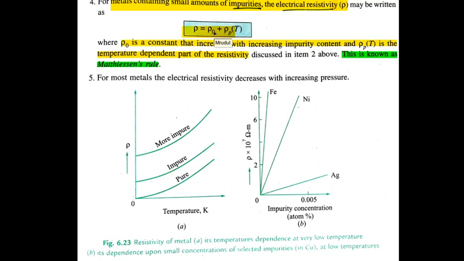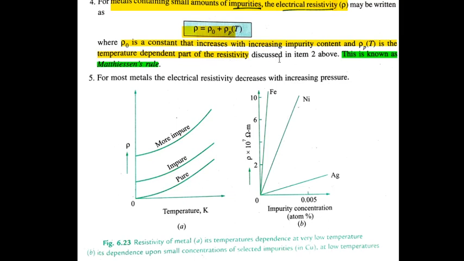Secondly, suppose your crystal has a certain foreign material or foreign body, that is also considered to be impurity, but in a nutshell that is a constant part which is independent of temperature, whereas the rho p, where p stands for phonon, depends on the temperature.